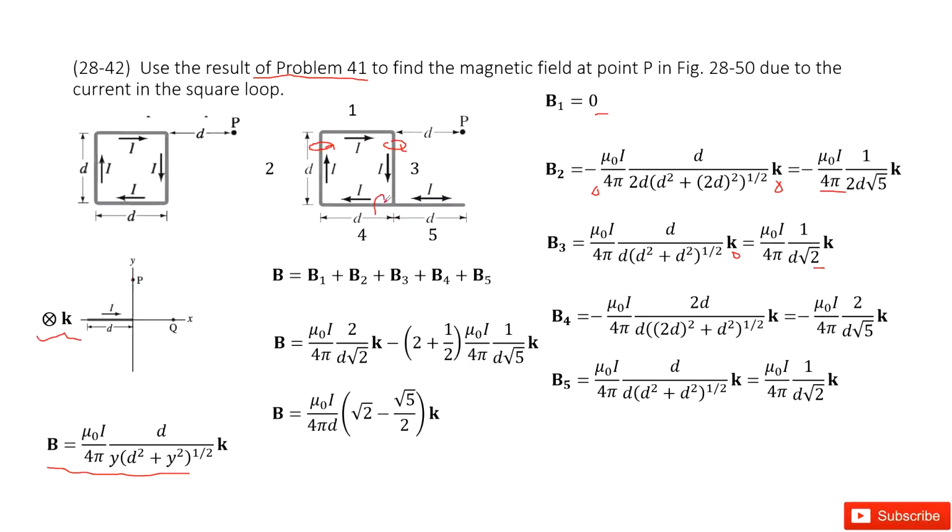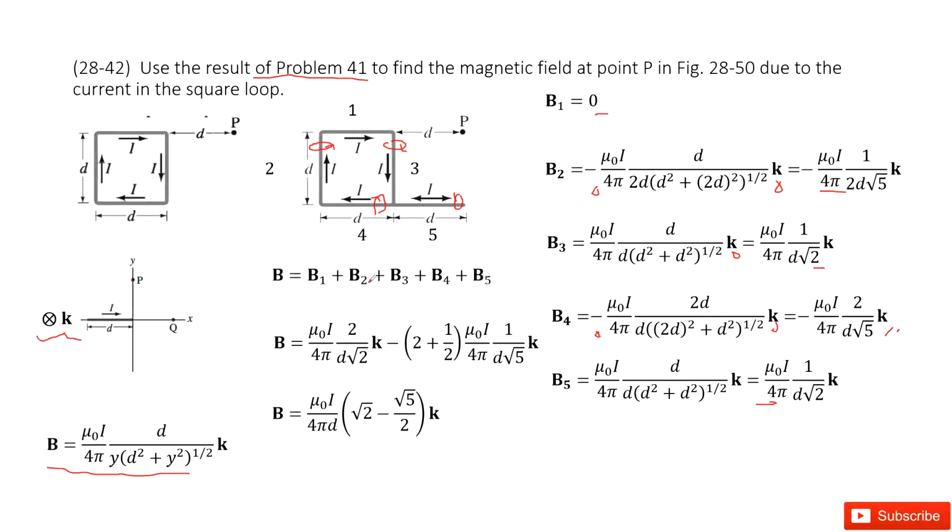If you use the right-hand rule, you will find in this case it flows in, so this is the negative k direction, and then we get it there. For part 5, the direction is flowing out because the current flows to the right. Flows out, and the distance is D. So we replace Y with D and the length is D, and then we get it there.